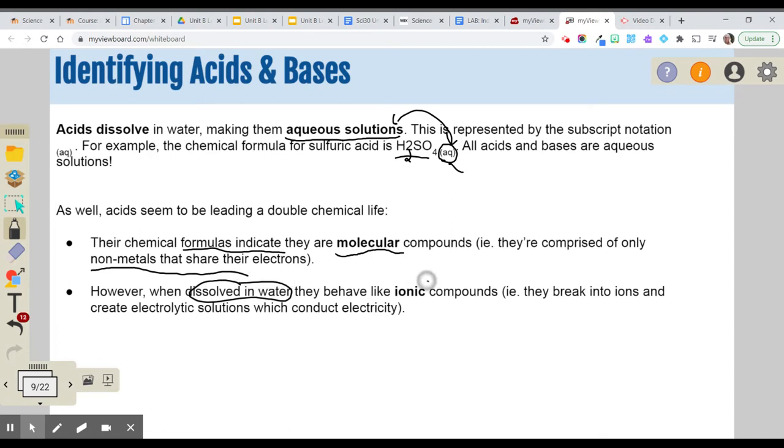So they behave a lot like ionic compounds. They break into their ions when they go into water. And so their solutions are able to conduct electricity, just like ionic compounds. So acids will conduct electricity just like ionic compounds. Molecular compounds do not conduct electricity.